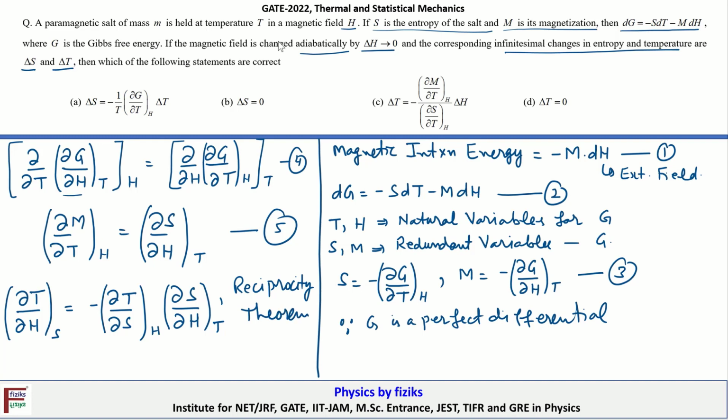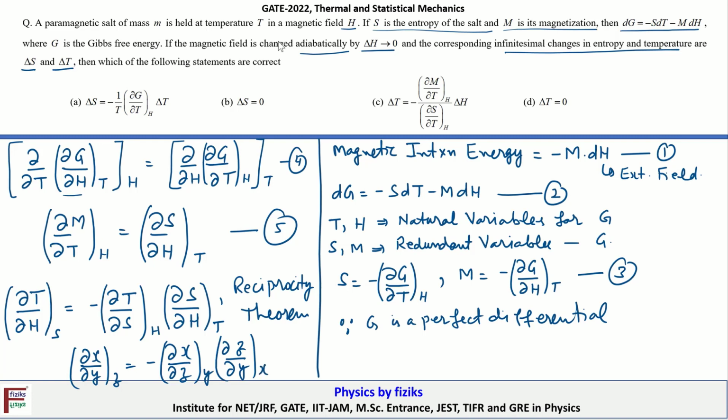So what is the reciprocity theorem? It says that (∂x/∂y) at constant z is equal to minus (∂x/∂z) keeping y constant, times (∂z/∂y) keeping x constant. So we have made use of this result here.